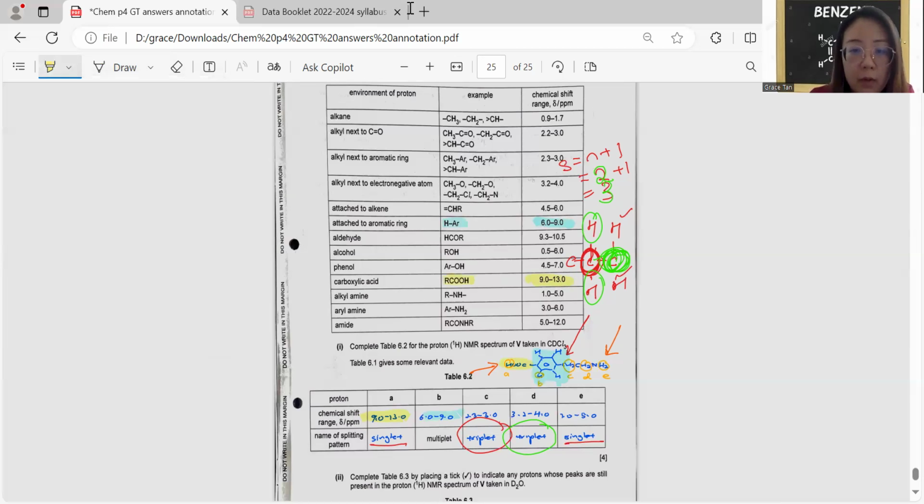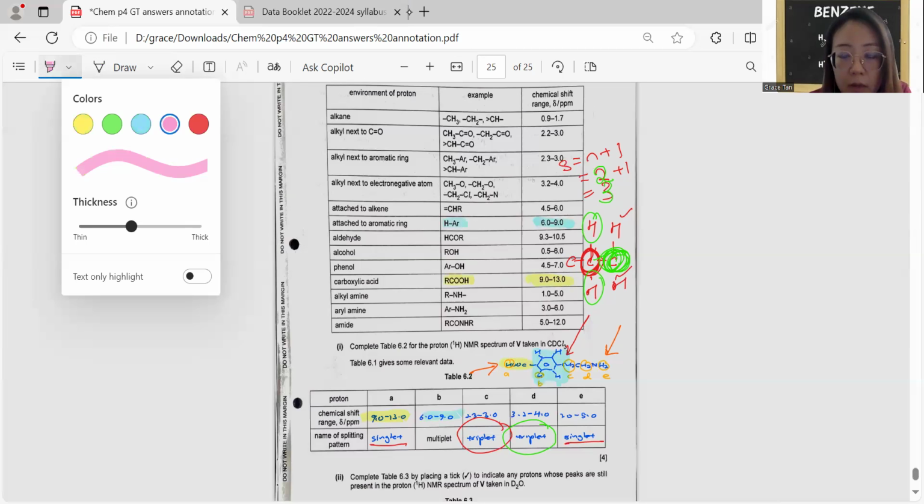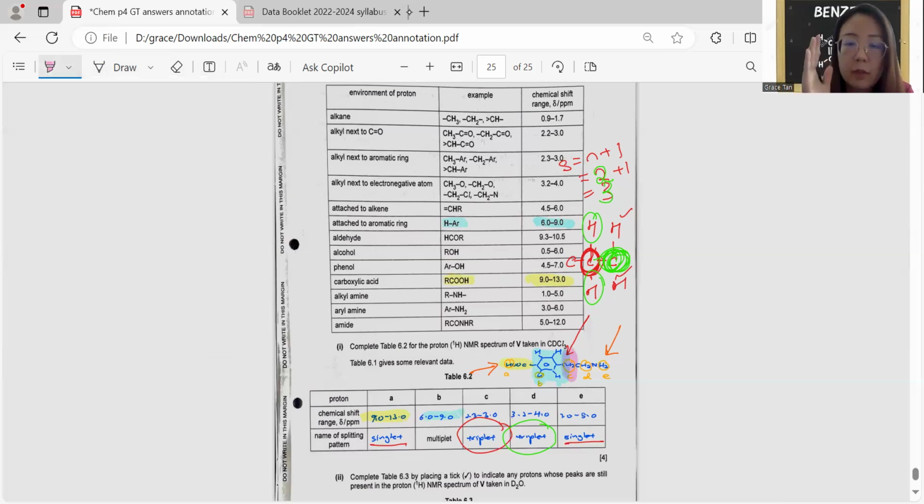Now, what is C? For the C type of proton, if you are the CH2 and you look left, you are next to an aromatic ring, which is this version, 2.3 to 3. If you look to your right, you're just looking at an alkyl or an alkane, which would be 0.9 to 1.7, the first row.